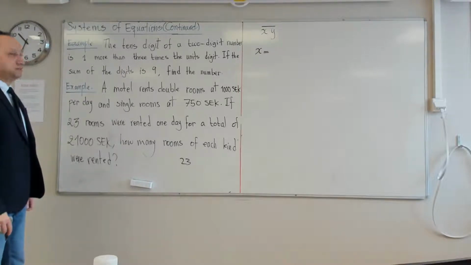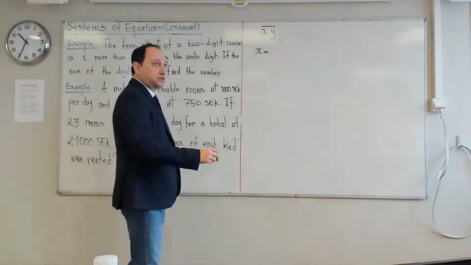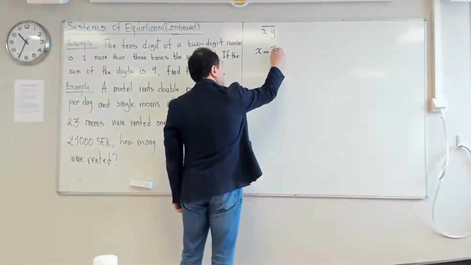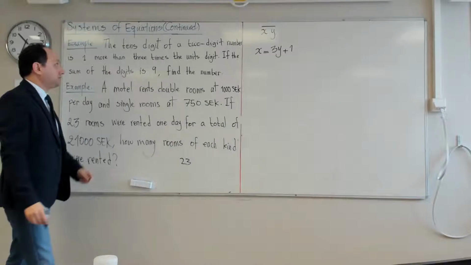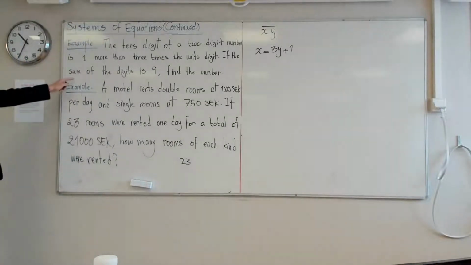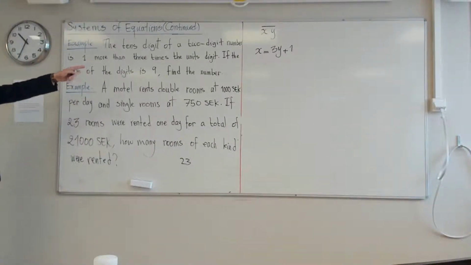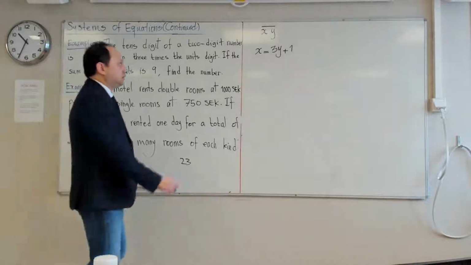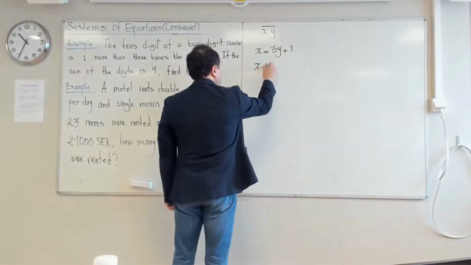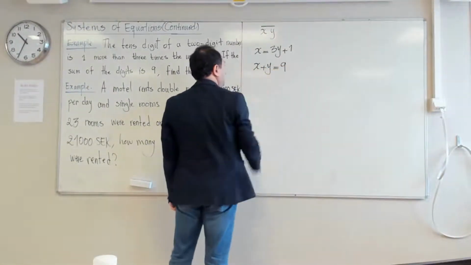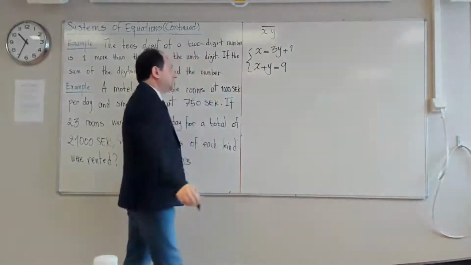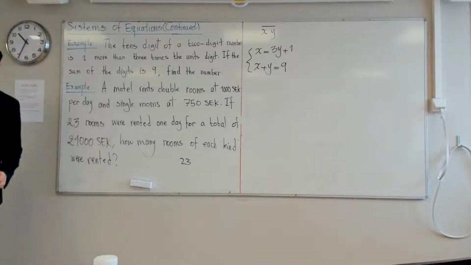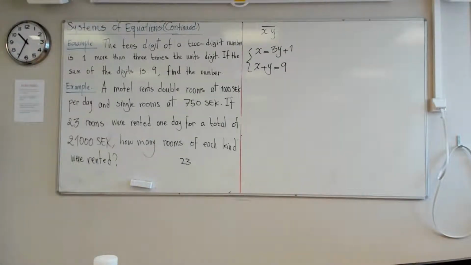X is equal to 3y plus 1. This is one piece of information. By reading that sentence, I will understand that if the sum of the digits is 9, what does it mean? Very simple. If x plus y is equal to 9, you are supposed to find your number. Yeah, as simple as that.